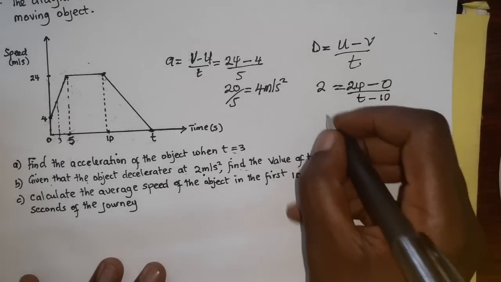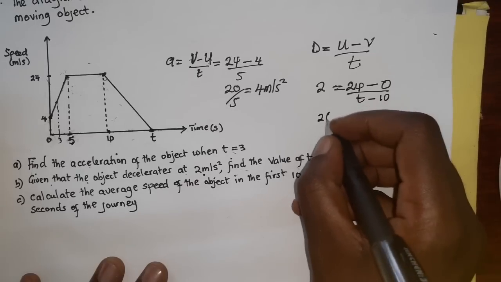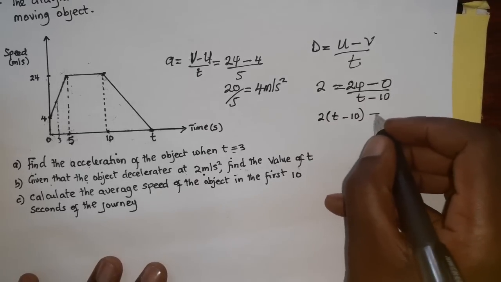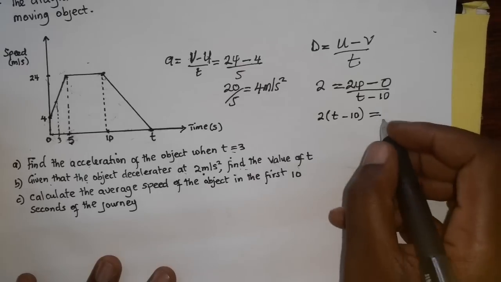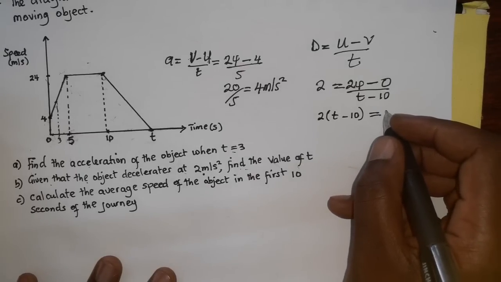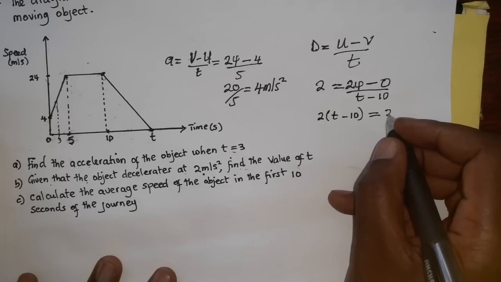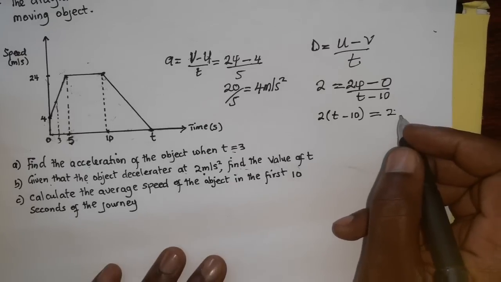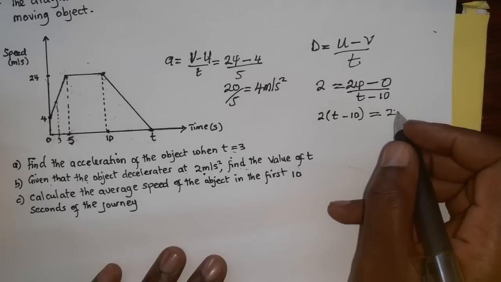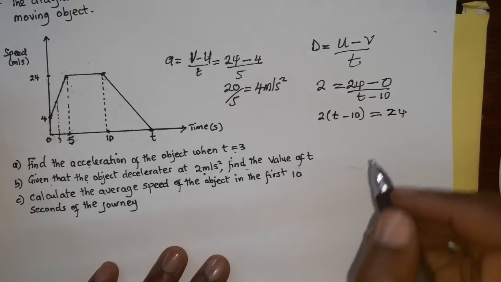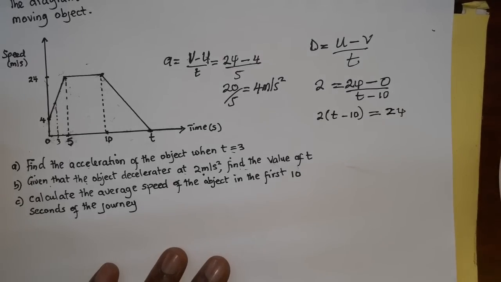Okay, so from this point we can cross multiply and say 2 multiplied by t minus 10 is equal to 24. Am I right?